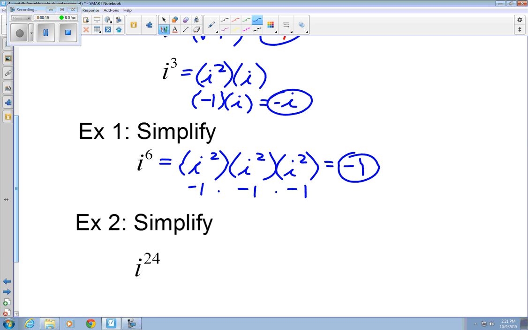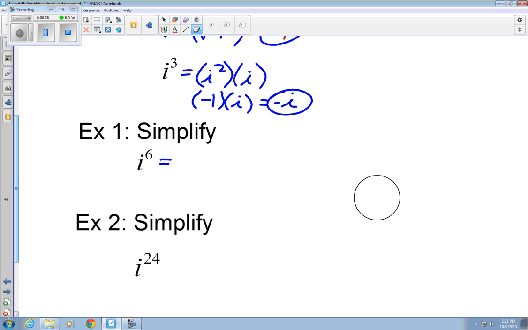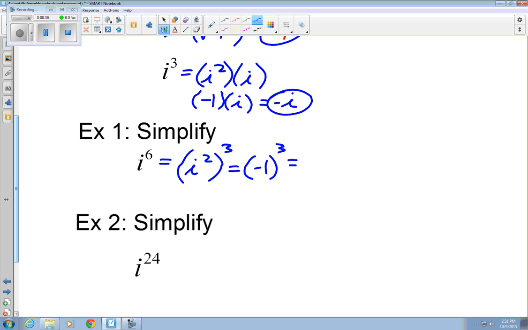Instead of writing it like this, it might be easier to write it like this. i squared, and with our power rules, you can write it to the third power. 2 times 3 is 6. And i squared is negative 1. Negative 1 to the third power is negative 1 times negative 1 times negative 1, which is negative 1.